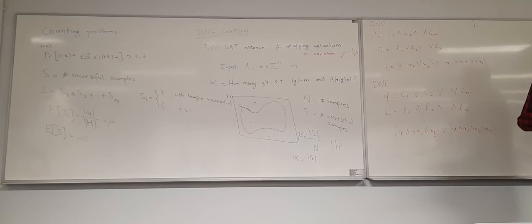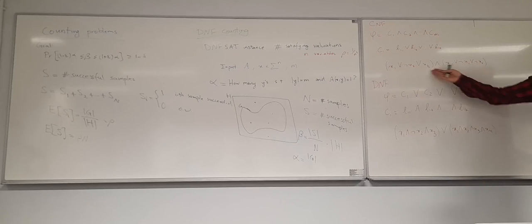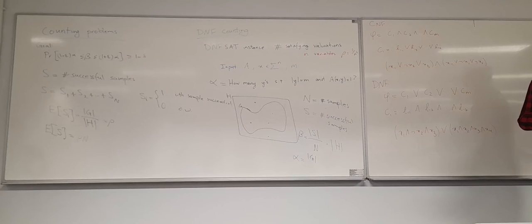It's NP hard to decide if even one valuation exists or not, right? And it's NP hard even for the case of 3-SAT, where each one of my clauses has only 3 literals.